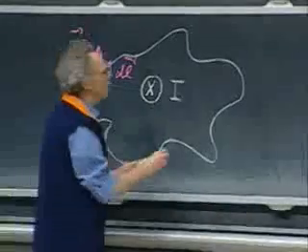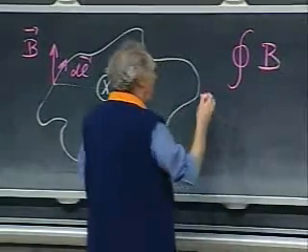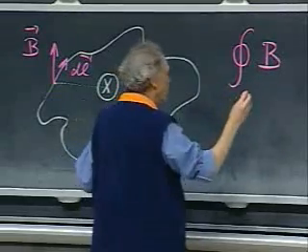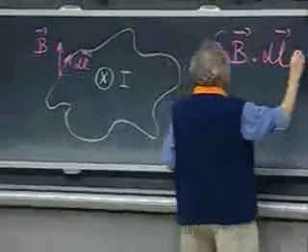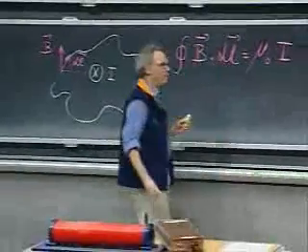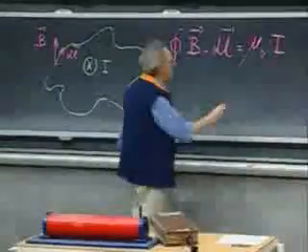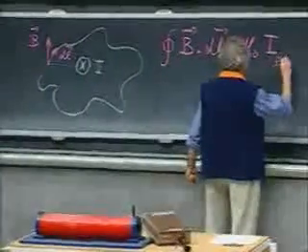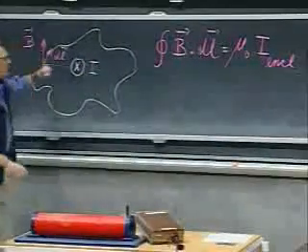If you now go around a closed path of any path, it doesn't have to be a circle, of B dot dl, that becomes mu0 times I, which is known as Ampere's law. And I is often given an index enclosed. It is the current which is enclosed by that path.